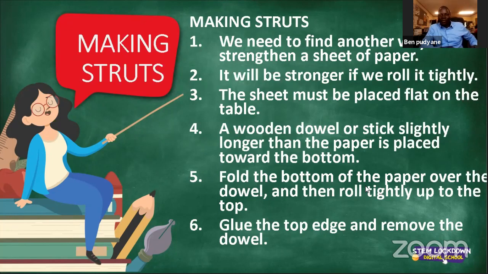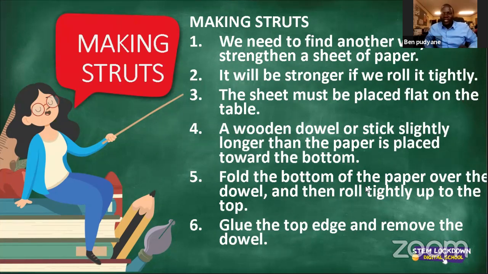Now, let us talk about the lesson of today. We need to find another way to strengthen a sheet of paper. Strengthening a sheet of paper has many ways. It will be stronger if we roll it tightly.